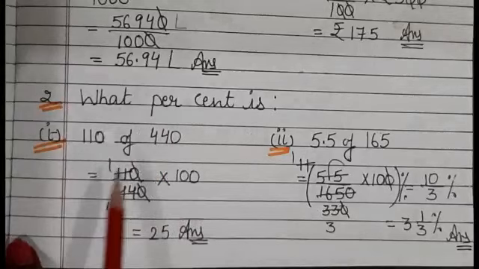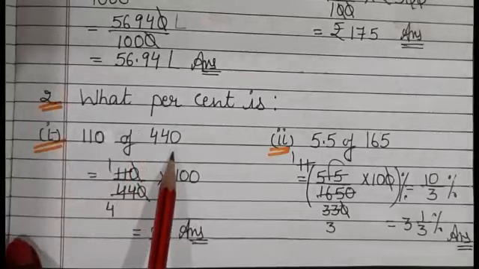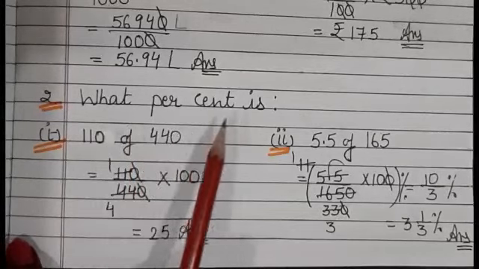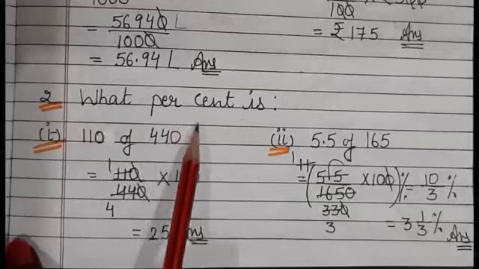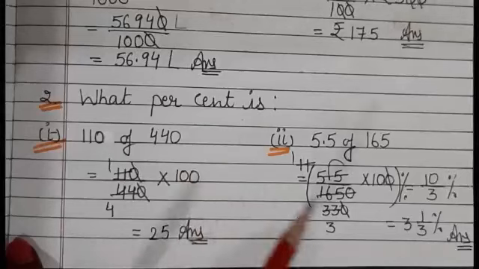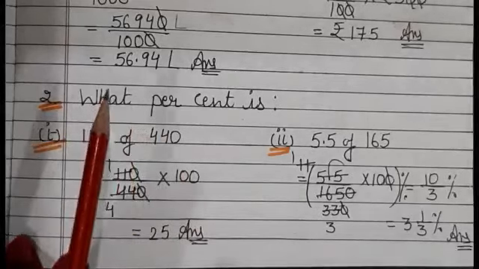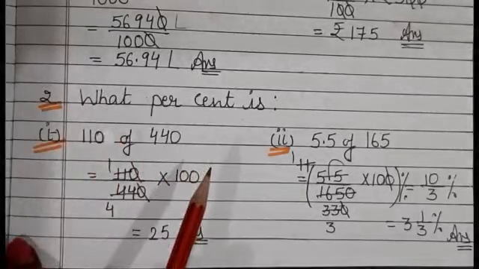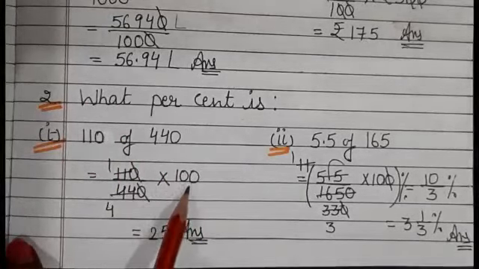Now sum number 2. What percent is? First part, 110 of 440. So in that case, we have to multiply it with 100. When we have to find out any quantity in percentage, then we have to multiply it by 100.